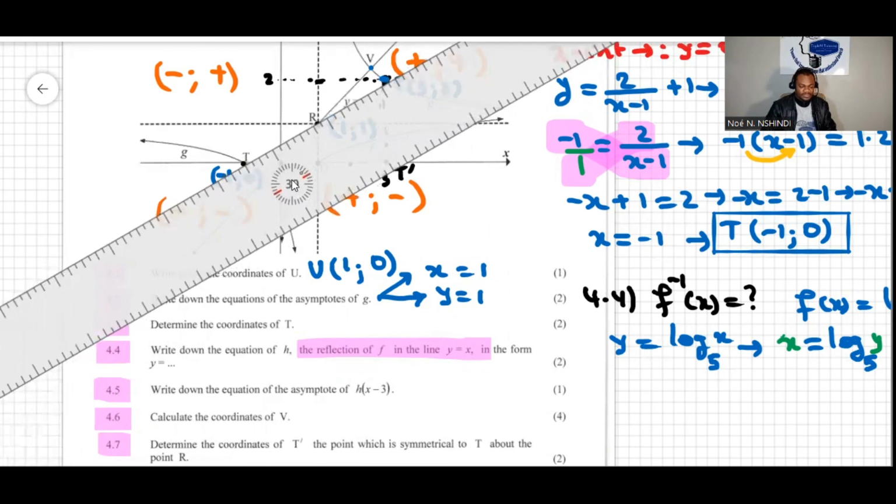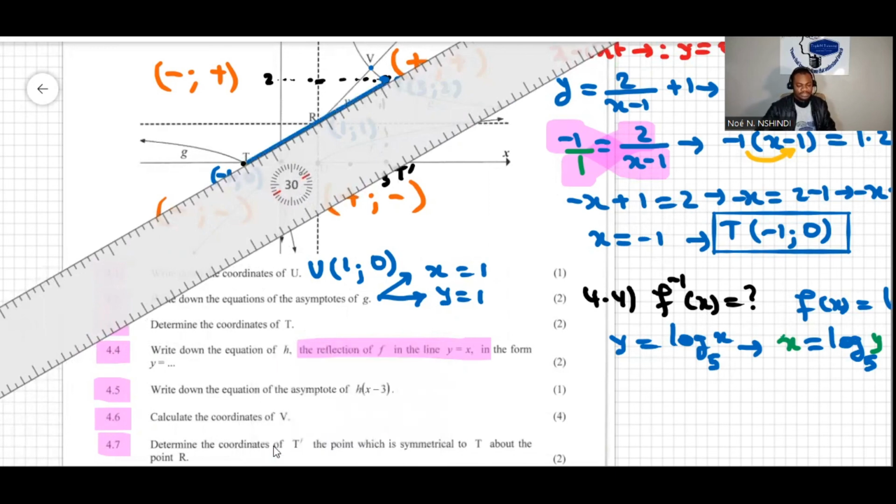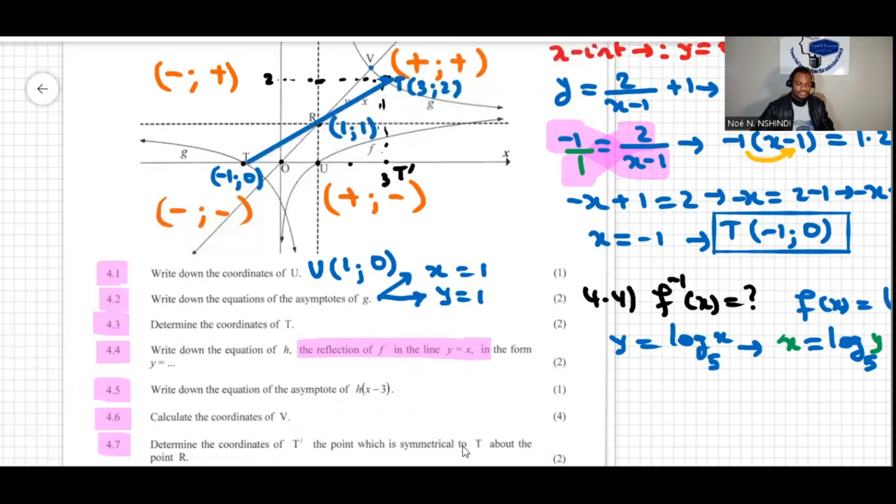Yes, my graph was not that bad. So the distance between t to r and r to t prime must be equidistant. That's why they say symmetrical to t about the point r. So that's it. Thank you.